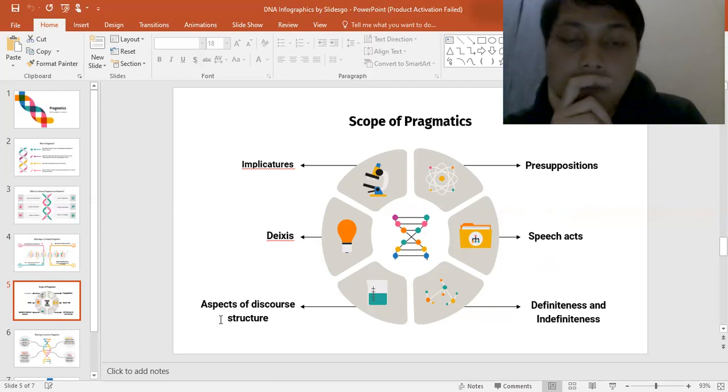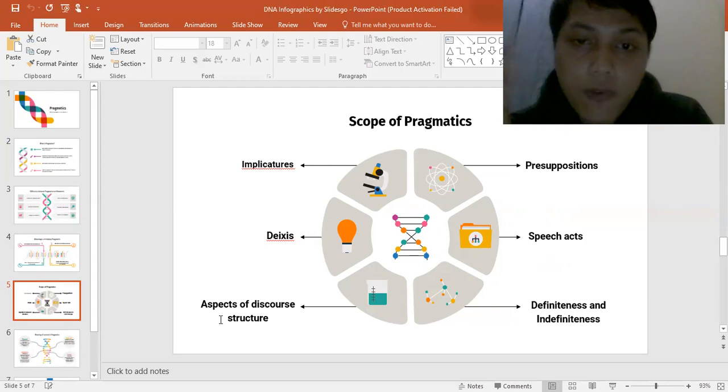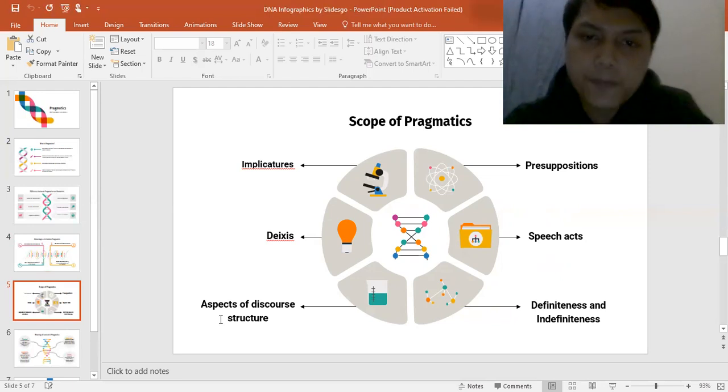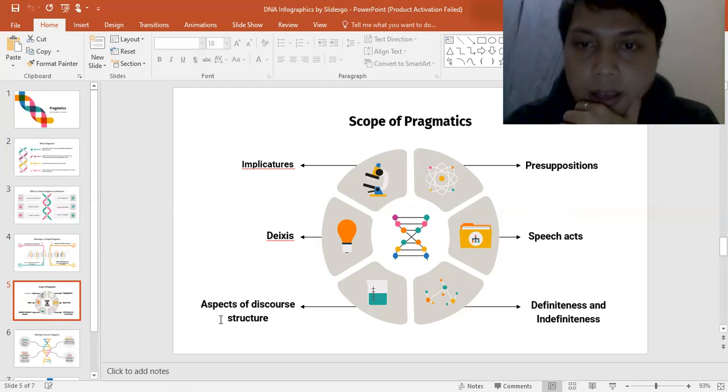Deixis is a form of language that does not have a fixed reference, and its meaning is highly dependent on context, such as the location and identification of the person, object, event, process, or activity being discussed.